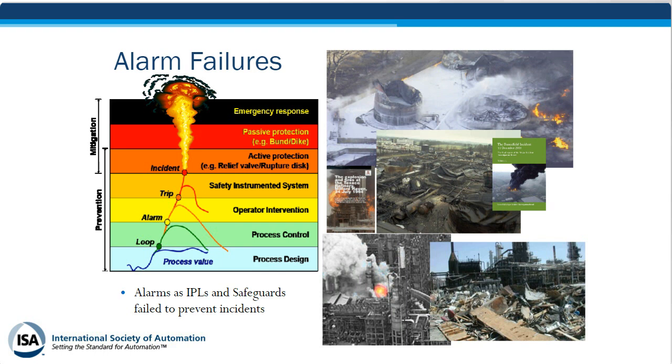We have found in many of those reports that alarms continue to be one of the initiating or causal factors within a number of the incidents that you see within process industries globally. Let's move to the next slide.